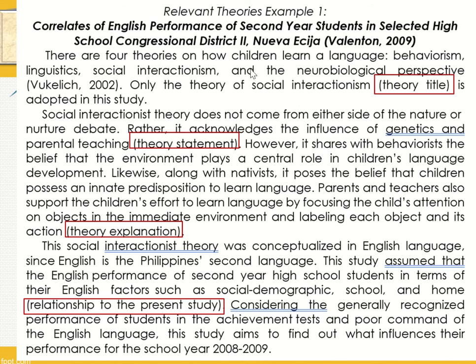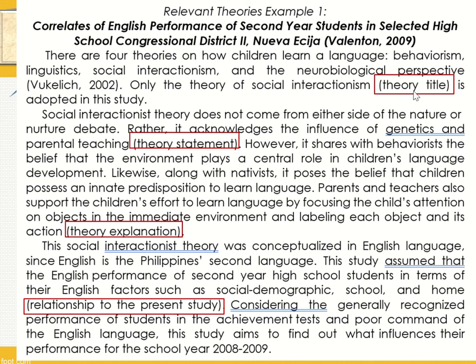Though we have no specific name of the authors for the theory of social interactionism, probably the original author was not found, but he had a citation. Okay? But again, these are the important things that we show in our theoretical framework.